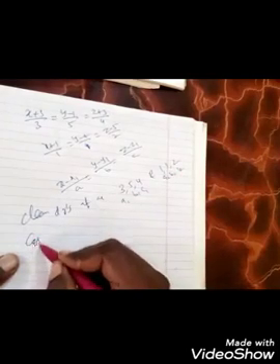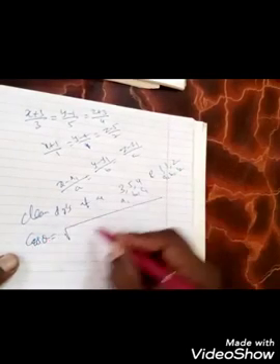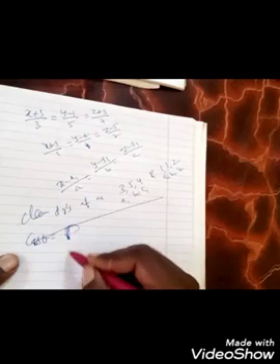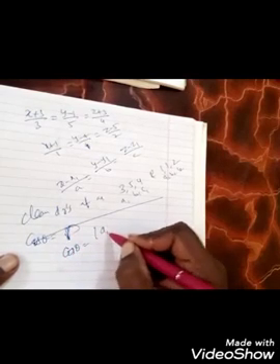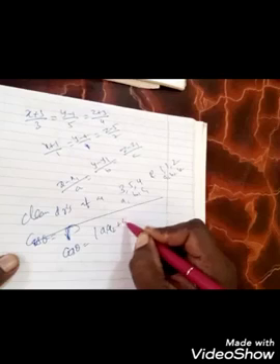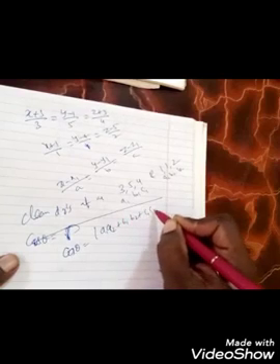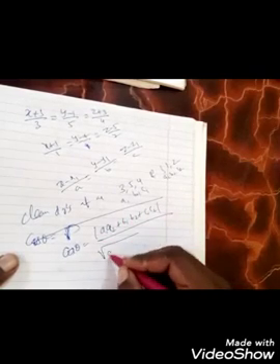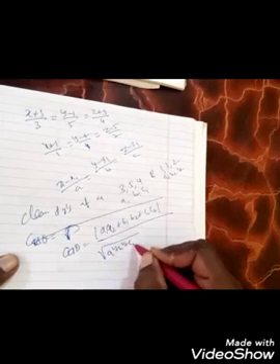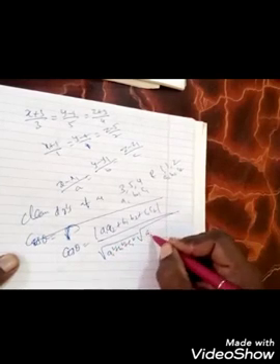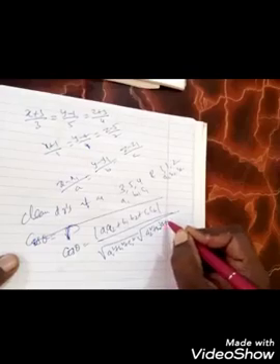And we have the formula. What is the formula? Cos theta is equal to modulus of a1 a2 plus b1 b2 plus c1 c2 by root of a1 square plus b1 square plus c1 square into root of a2 square plus b2 square plus c2 square.